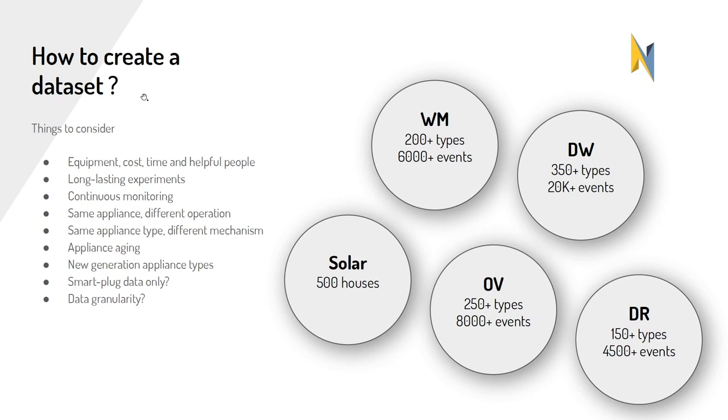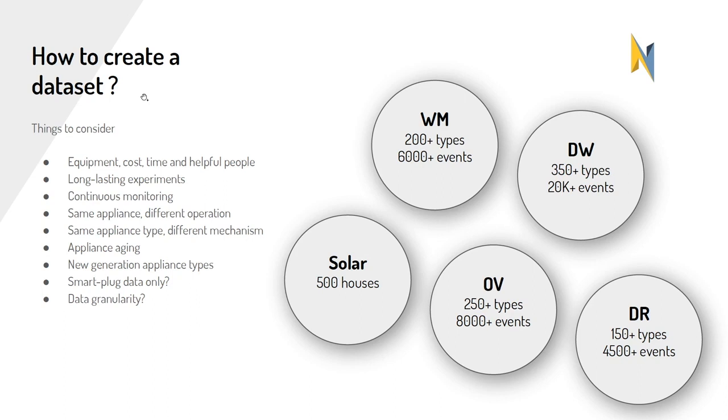And of course, in order to do that, we have collected ground truth from smart plugs, but together and in parallel with that, we have also collected the mains data in order afterwards to test our algorithms on that.